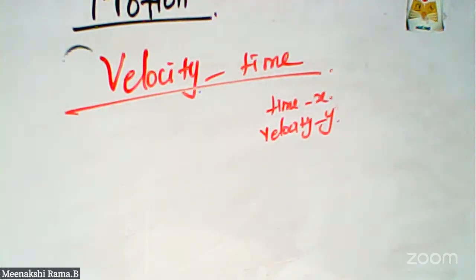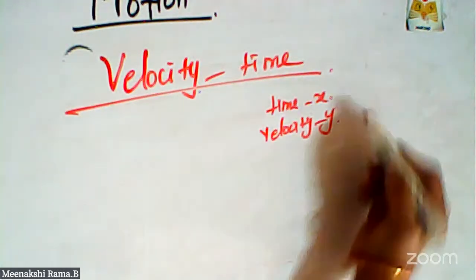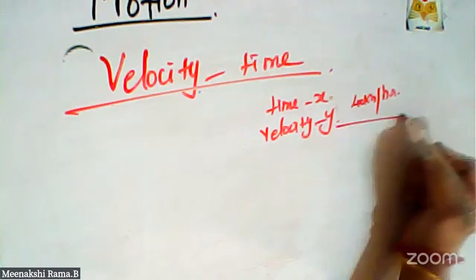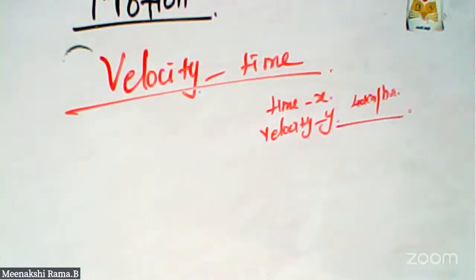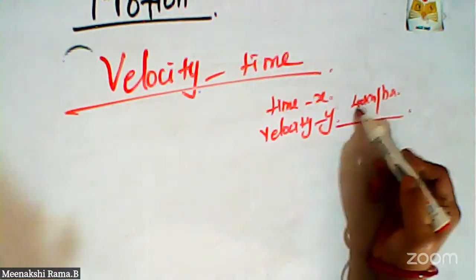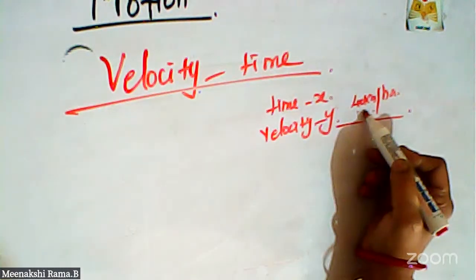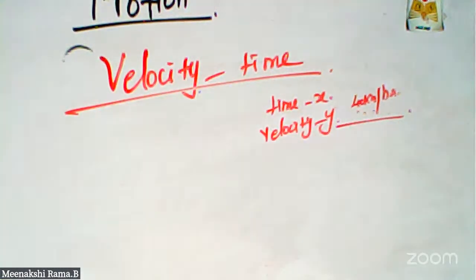uniform velocity, that is 40 kilometers per hour. Yes, uniform speed means uniform motion. The distance and the time traveled are equal. So in this velocity time graph also, the velocity of the car is 40 kilometers per hour. Okay.